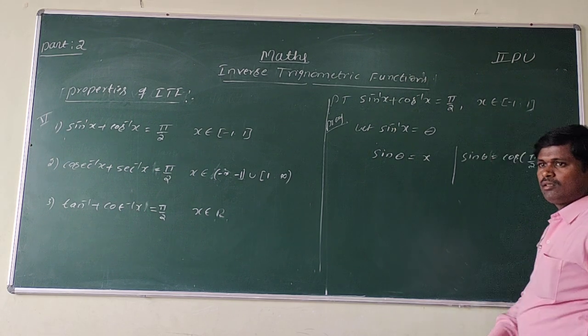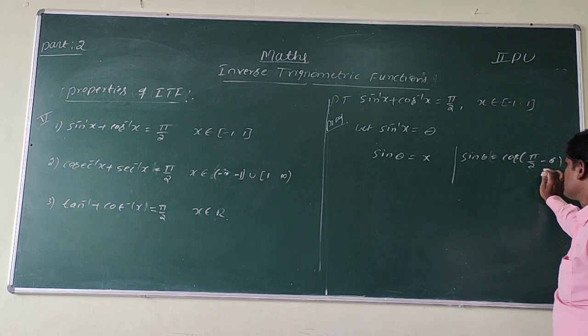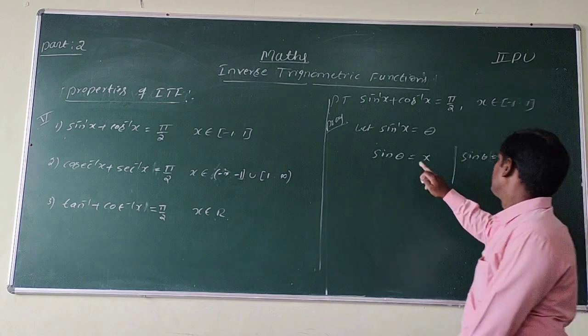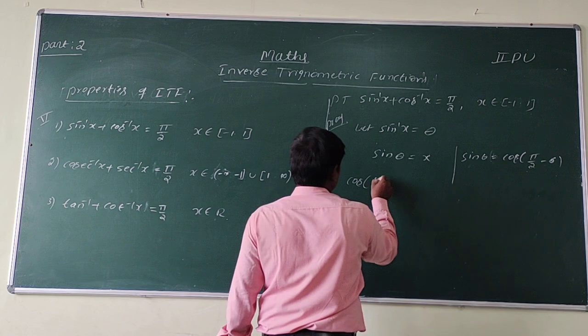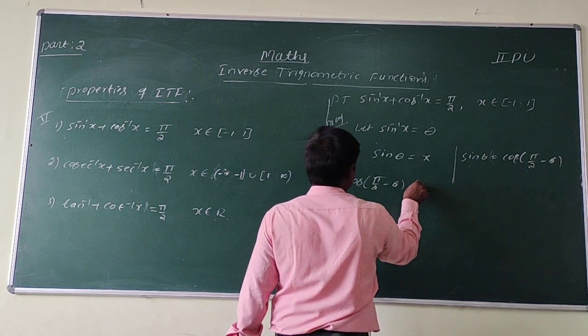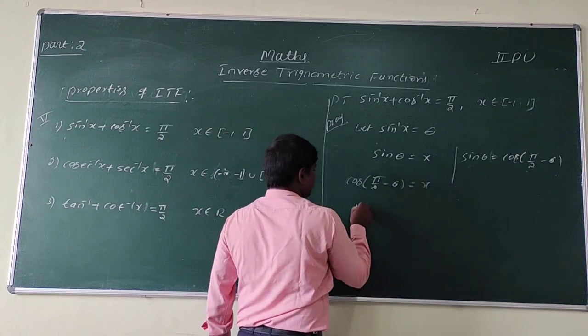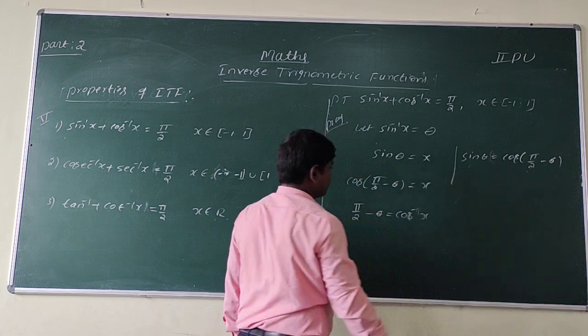Cos of pi by 2 minus theta is in the first quadrant, and in the first quadrant all trigonometric ratios are positive. So cos of pi by 2 minus theta is equal to sin theta, which is equal to x. Take cos to the other side: pi by 2 minus theta is equal to cos inverse of x.